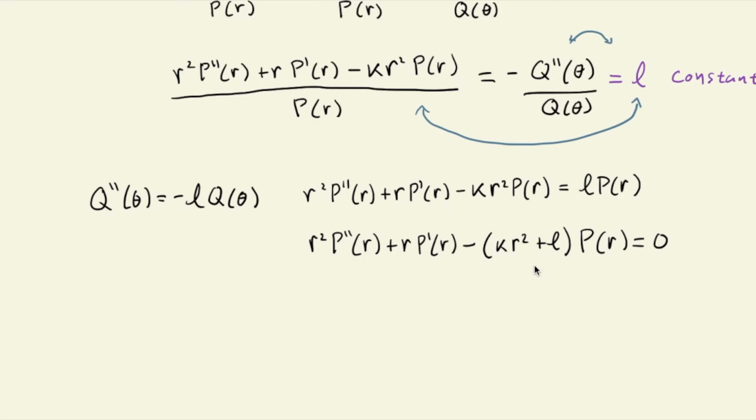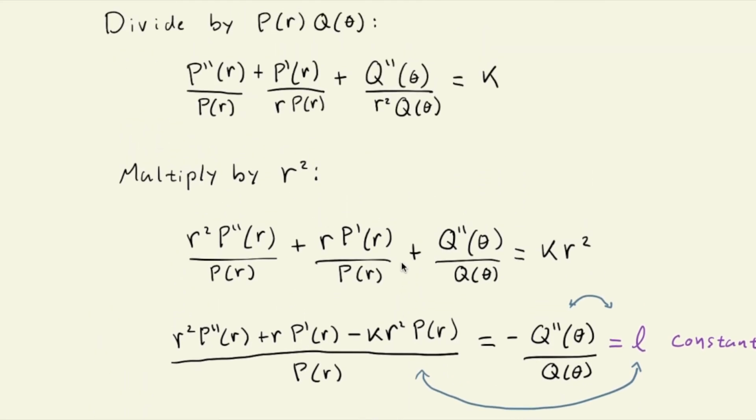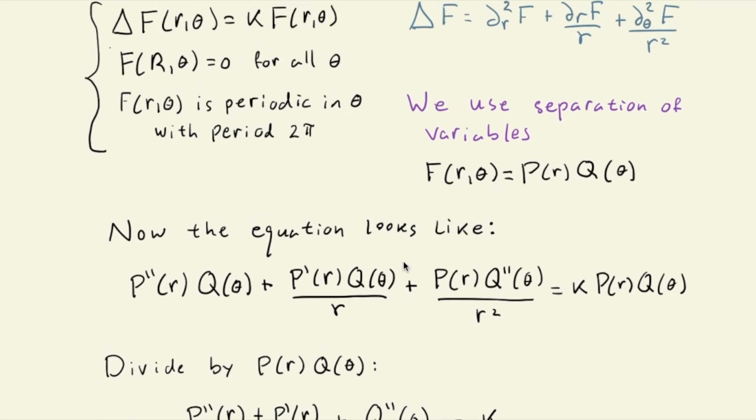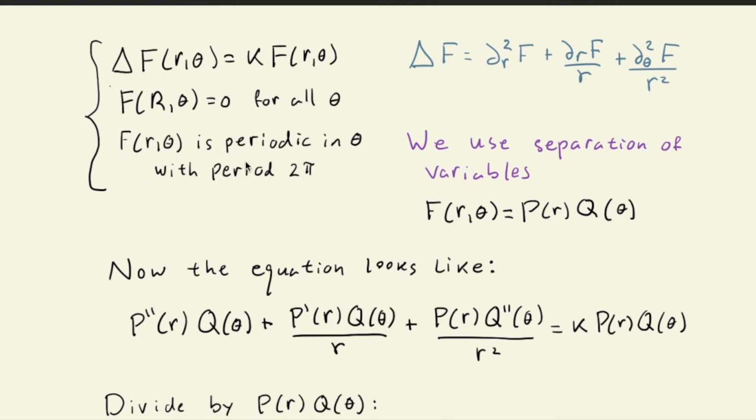Alright, and here I'm going to go a little bit fast through the boundary conditions. Again, let's go all the way up. Here are the boundary conditions for F. And this will create boundary conditions for P and for Q. So you're going to say F of R theta equals 0 for all values of theta, but for a non-trivial solution, there must be some theta value, you can call it theta star, such that Q of theta star is non-zero, and you'd be able to divide by Q to say that this equation implies that P of capital R is 0.